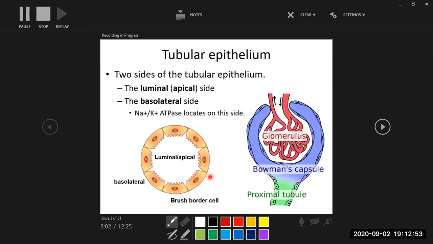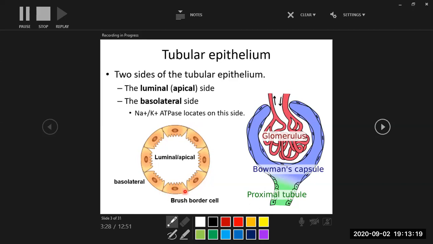In the basolateral side, we always see, since cells all have this sodium-potassium ATPase to maintain the membrane potential to be negative. In the epithelium cells, these sodium-potassium ATPases are always located on the basolateral side.